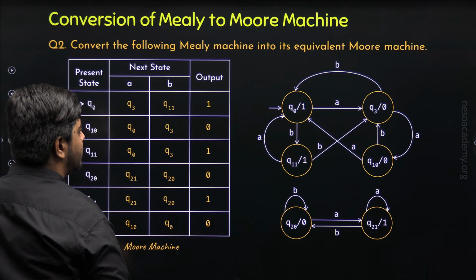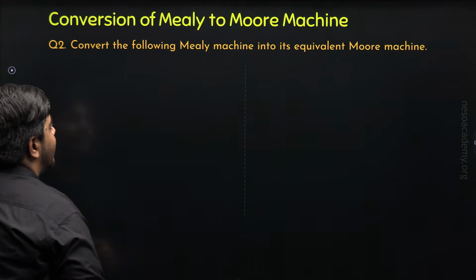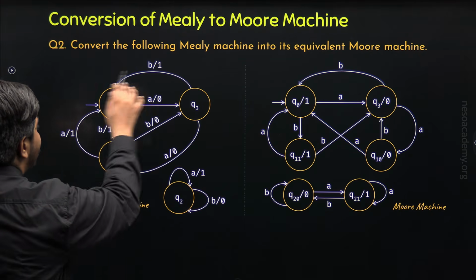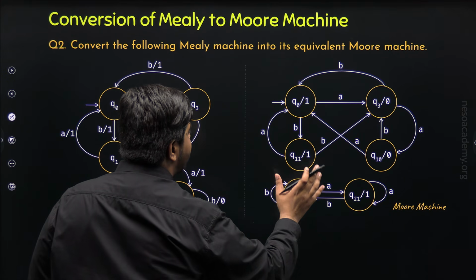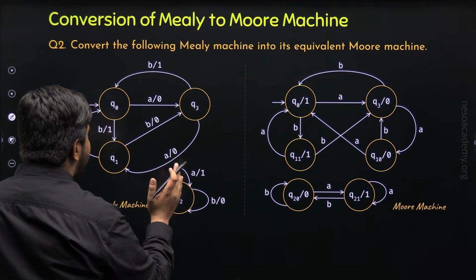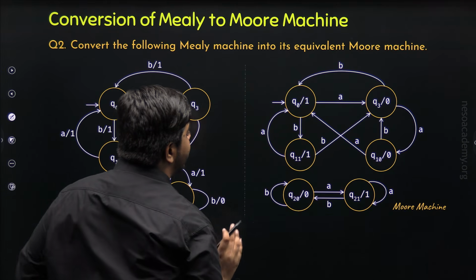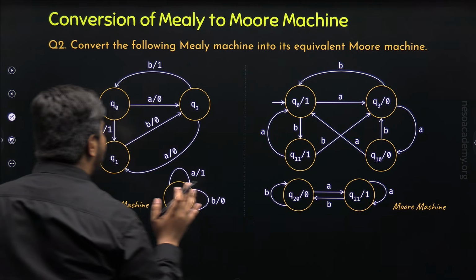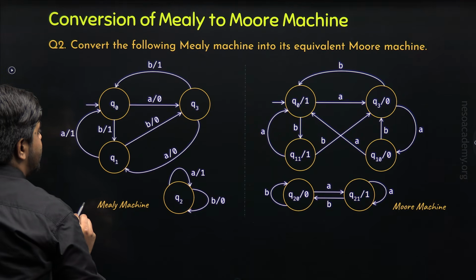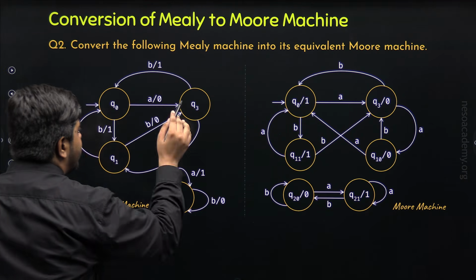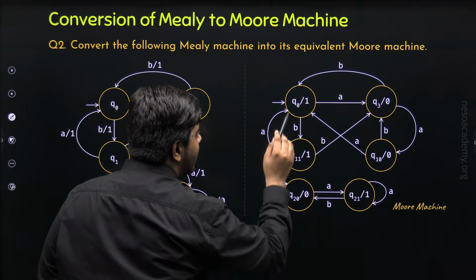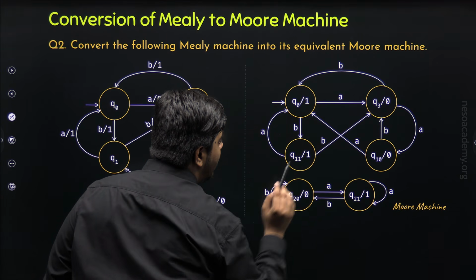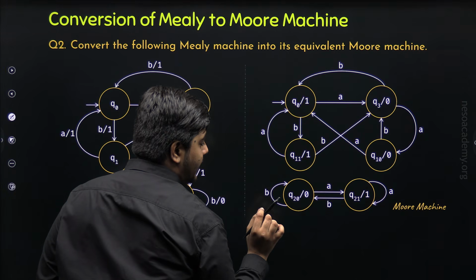Now we can see that this was the original Mealy machine given to us and this is the Moore machine that we have constructed by converting this Mealy machine into its equivalent Moore machine. You can see the original Mealy machine has 4 states and the resultant Moore machine has 6 states.